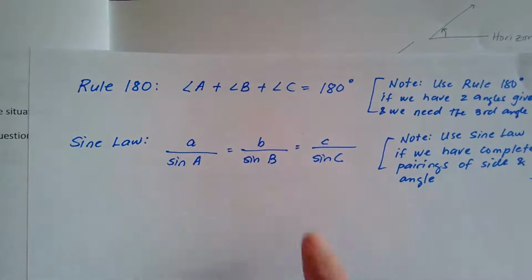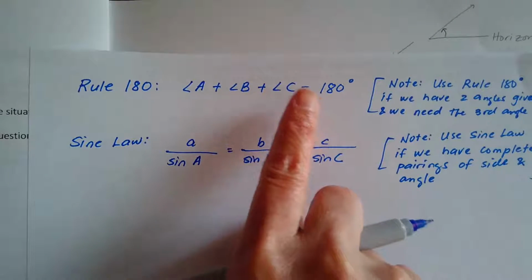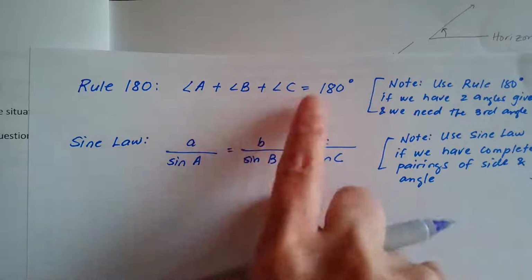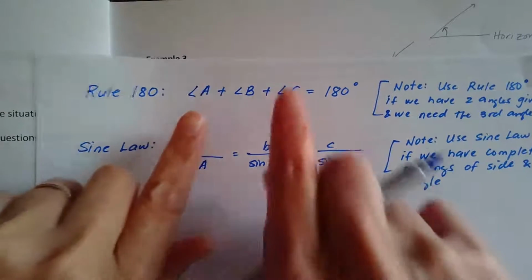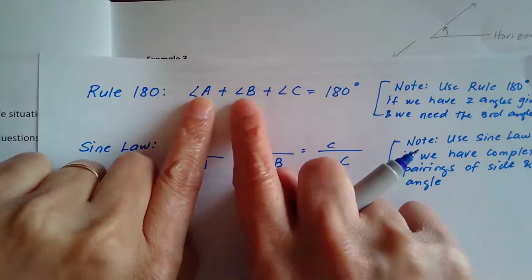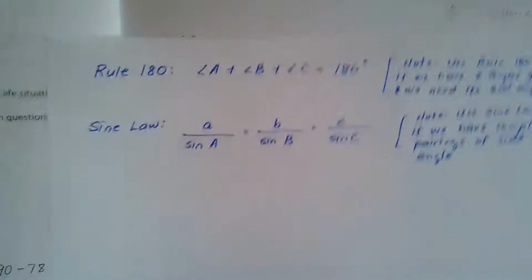Once you know the two angles, we can always figure out the third angle. It doesn't matter. If you have A and C, we can figure out B, and so on.